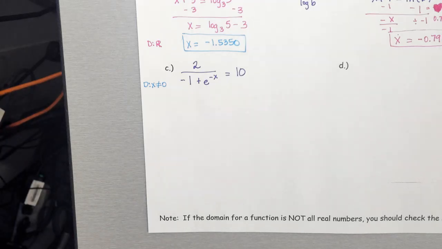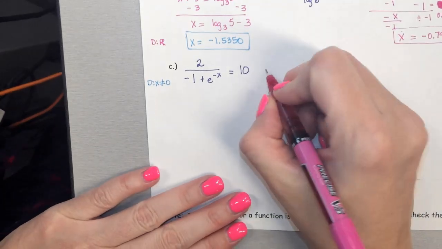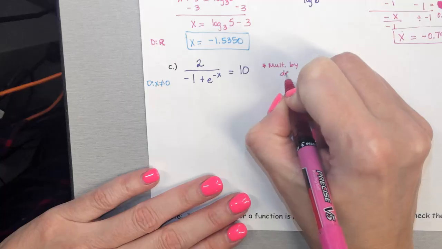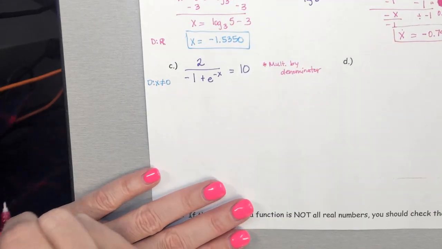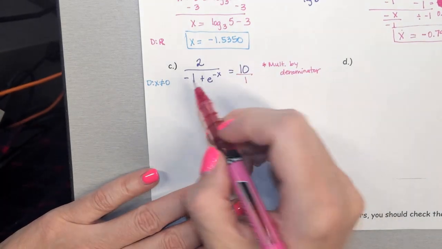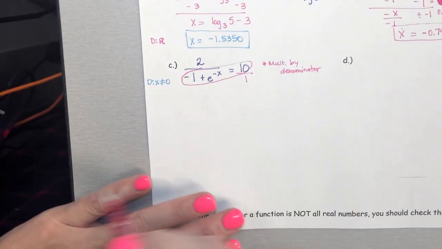All right, whenever you have a fraction in the denominator, you want to start by multiplying by the denominator. You can also put the 10 over 1, and you can do like a cross multiplication. Like if you thought of it like this, you'd have a proportion, and you could multiply those two together.